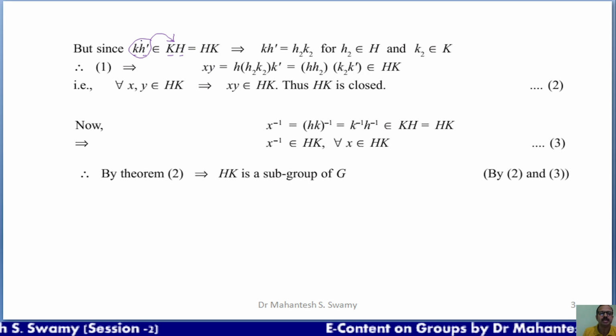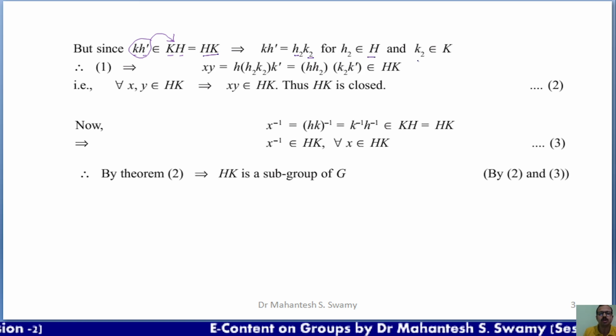Because of that, this element which was a member of KH is also a member of HK. So it should be of the form H2 K2, for some H2 belonging to capital H, K2 belonging to capital K. So we have proved that this KH dash is of the form H2 K2.